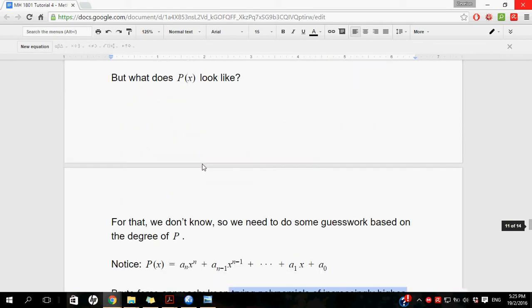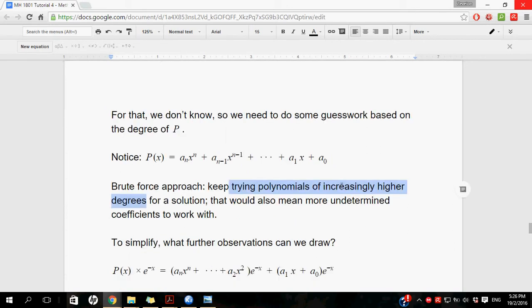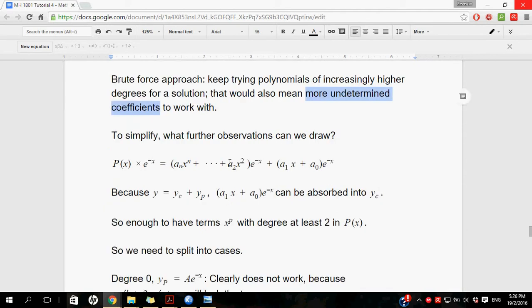Of course, we note that in doing so, it will mean that with higher degrees, you also will have more undetermined coefficients to work with. The larger the degree of your polynomial, the more of these a_i's you will have to find out. So we would then need to ask, can we simplify our computations further?